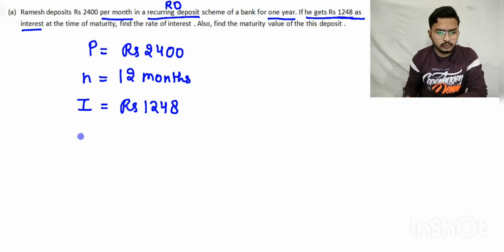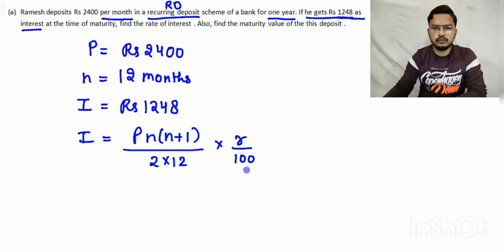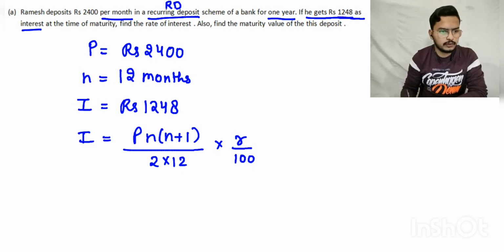Okay, so we know the formula for the interest amount in the RD scheme is P into n(n+1) upon 2 into 12 into R by 100, right? So just put the values that we know.